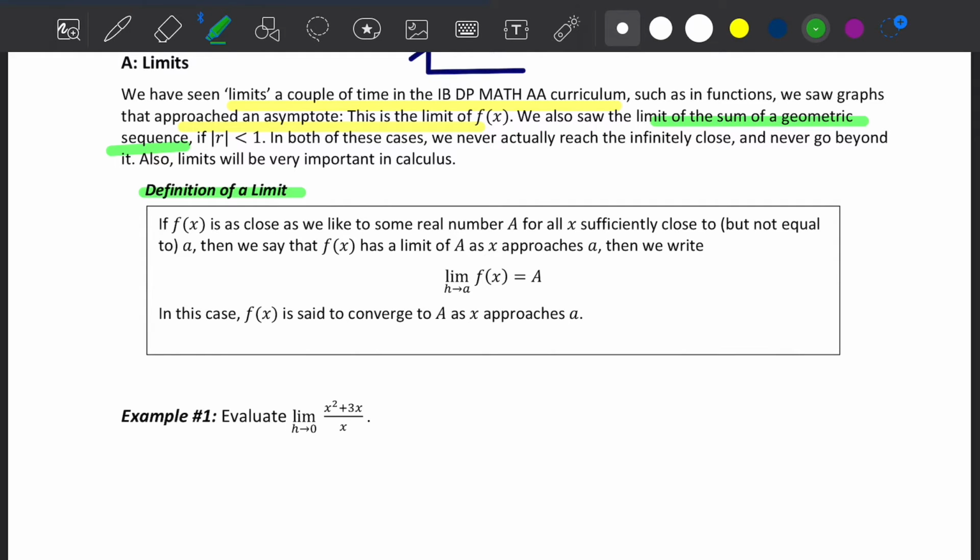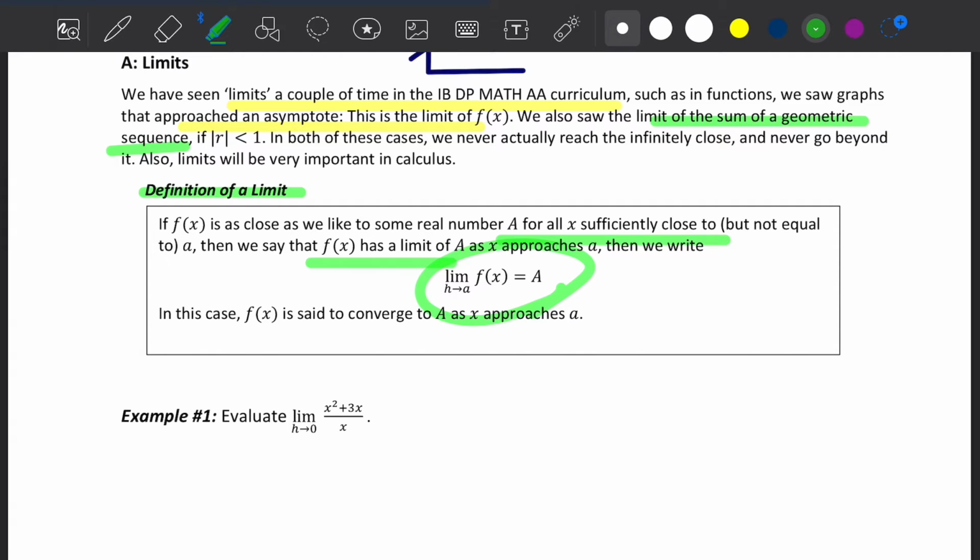If f of x is as close as we like to some real number a, for all x sufficiently close to but not equal to a, then we say that f of x has the limit of a as x approaches a value, and then we write these equations. In this case, f of x is said to converge to a as x approaches a.